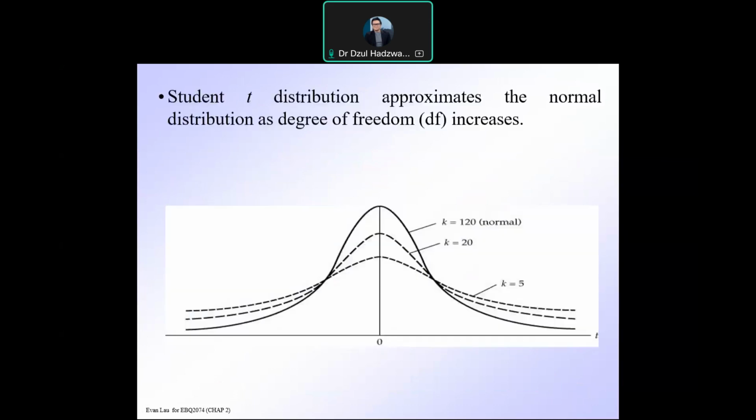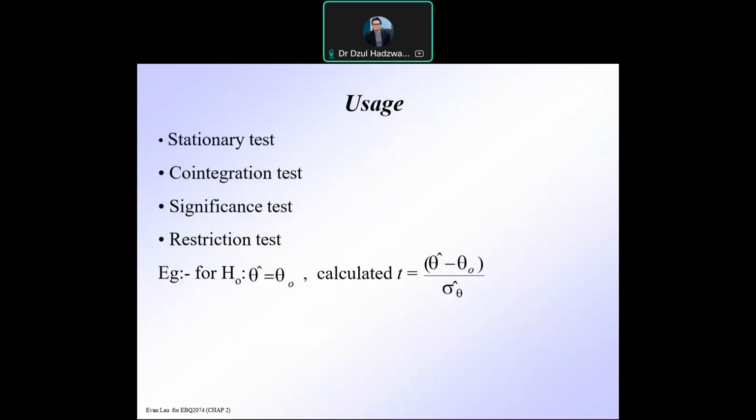We will discuss further when we do some exercise on regression. Then I believe it is clear for you why we need to be concerned very much about the degree of freedom. And for the correlation test, the significance test, the stationary test, we will discuss them further in the time series analysis chapter.